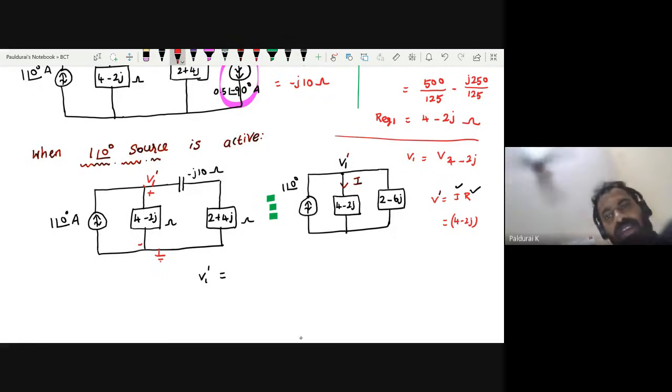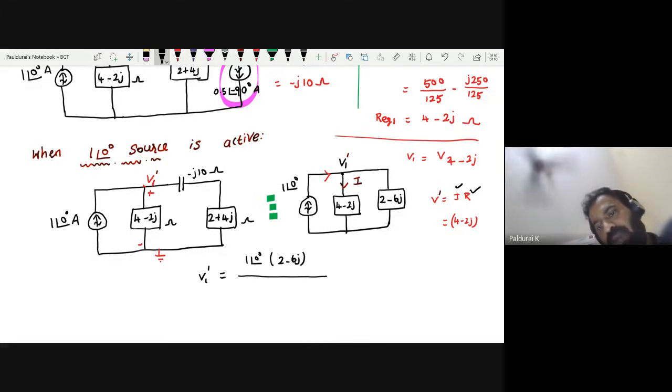Yes, thank you. So straight away I can write the formula: current division rule, applied current into opposite resistance divided by total resistance. This is my I, into R, where R equal to 4 minus 2j.